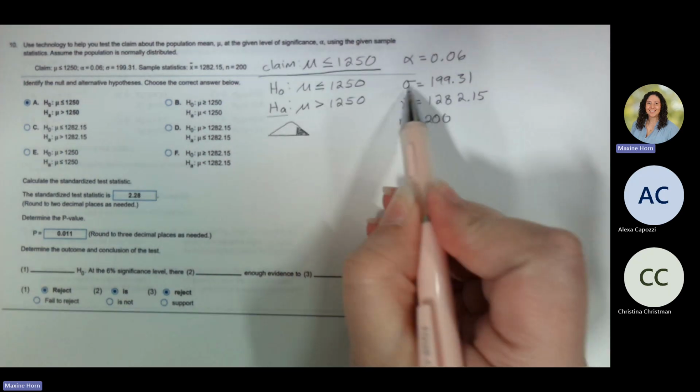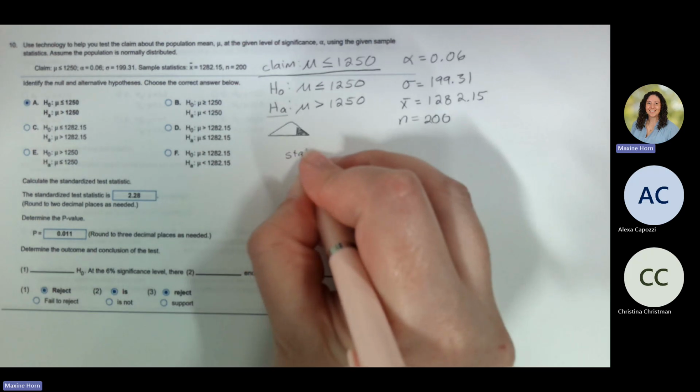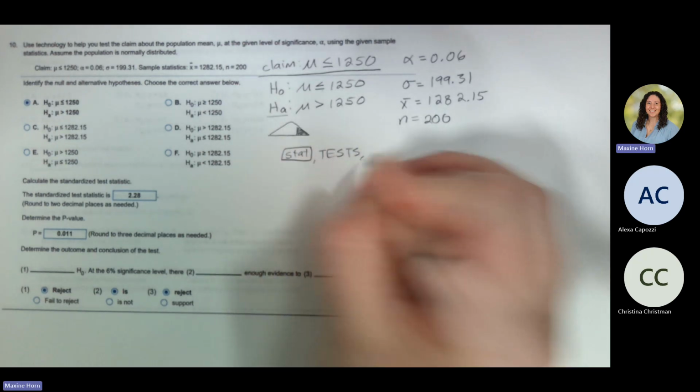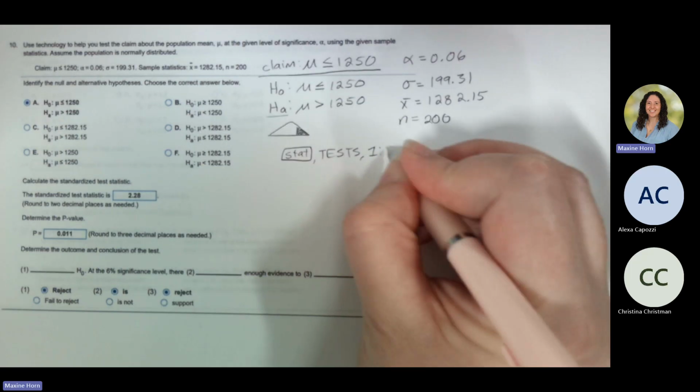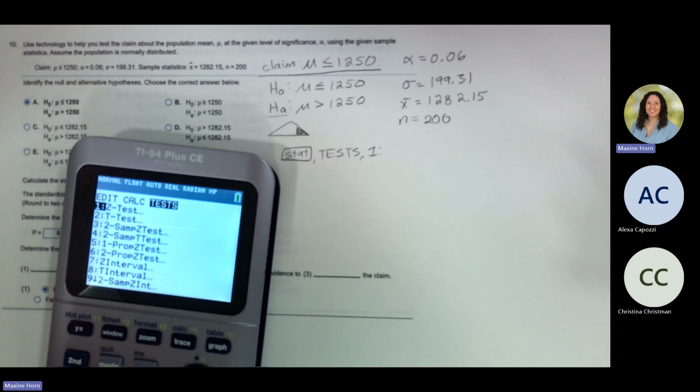Okay, so yeah, we're going to do this in the calculator. So we were given a population standard deviation. So we're going to go stat and we're going to go tests and we're going to go number one, pretty sure it was number one, z-test, right? Stat, test, z-test.